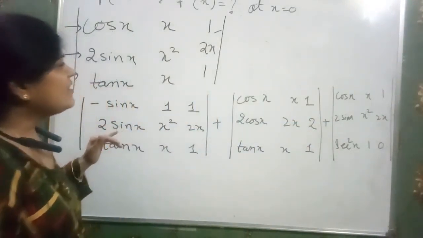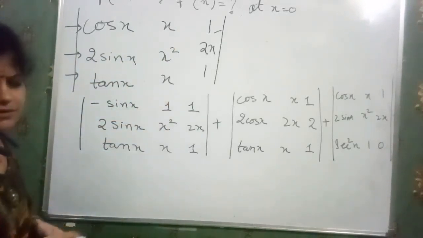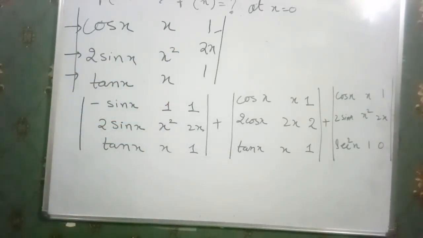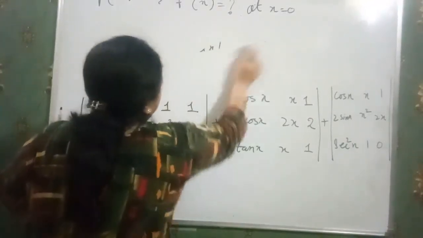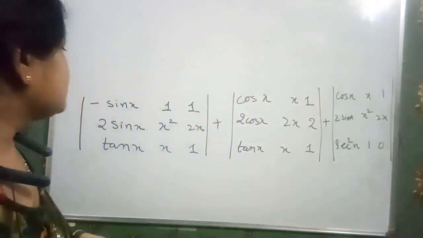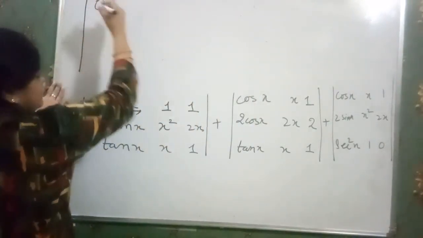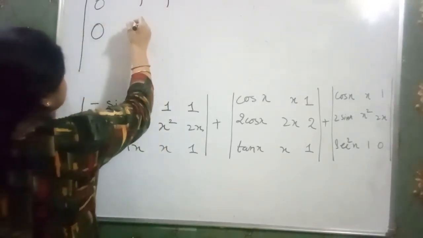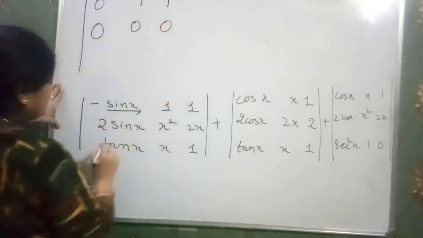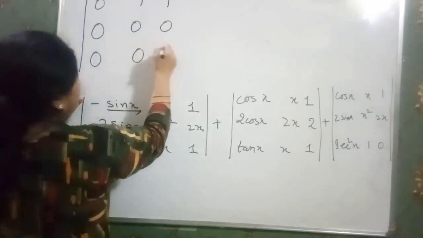So we write the values for x is equal to 0 in all three. I remove this upper portion and write all three determinant values here. For x is equal to 0, sin 0 is 0, this is 1 and 1, 2 sin 0 is 0, this is 0, tan 0 is 0, that is 0 and it is 1. Clear?